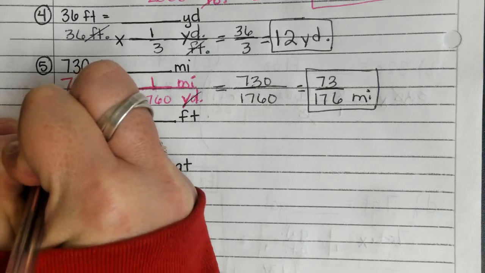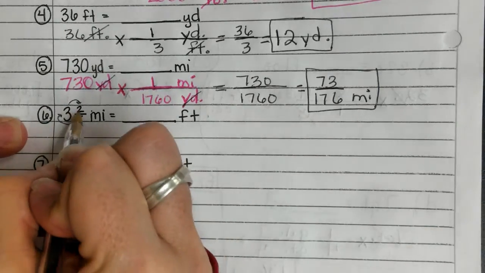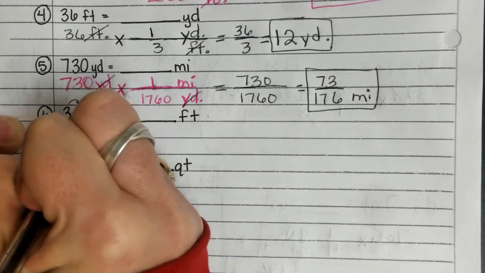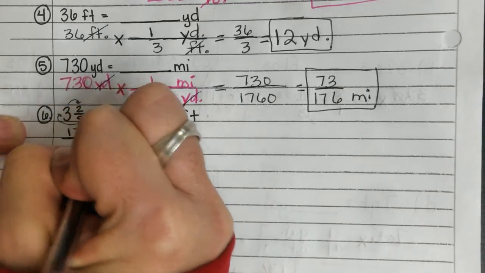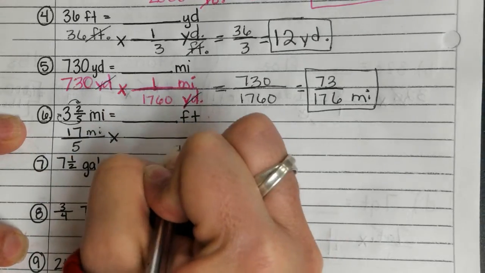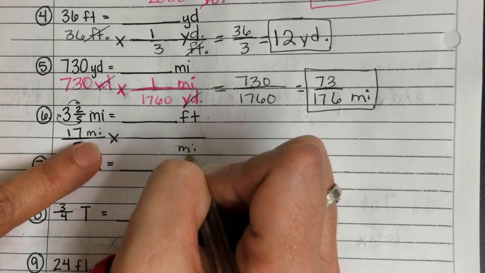Okay, gotta do the backwards C on this part. 5 times 3 is 15, plus 2 is 17 over 5. The miles goes on top. Miles is on bottom so that we can cross them out.